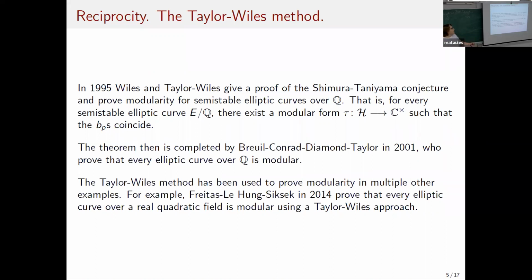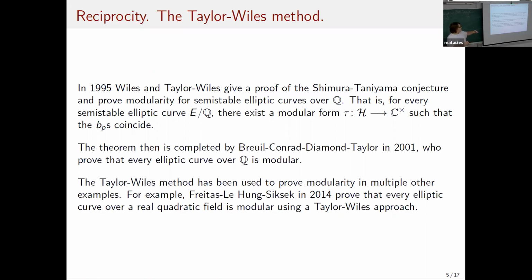Also in 2001, Breuil, Conrad, Diamond, and Taylor finished the proof for every elliptic curve over Q. Now, this way of proving modularity is actually very strong because it has been used in a lot of different kinds of situations, and it worked.